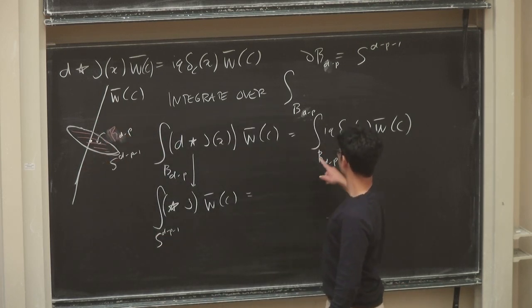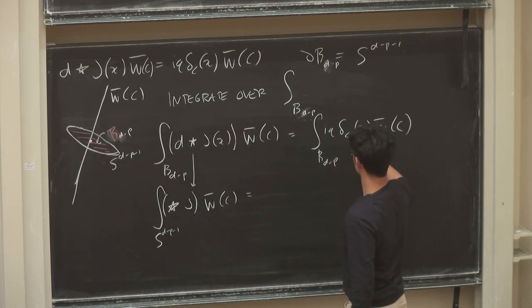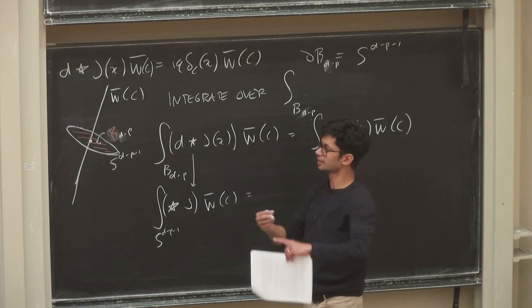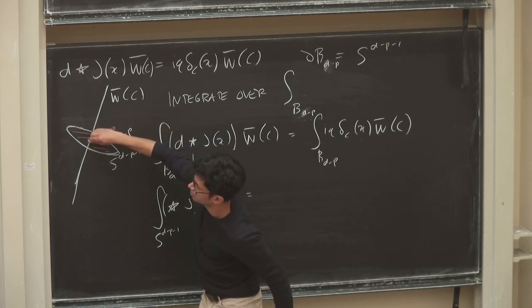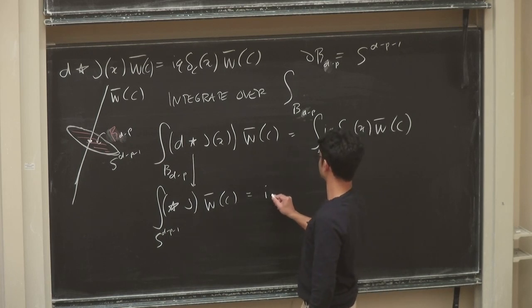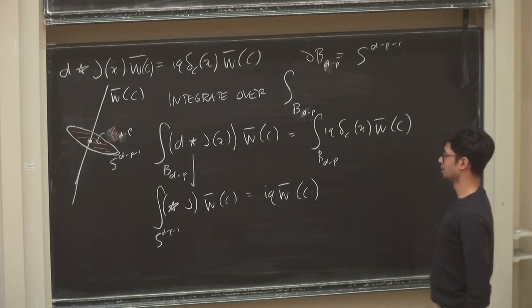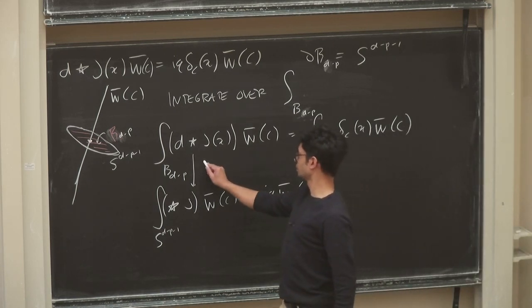And on the right-hand side, I look at the geometry. This delta function only gets a contribution when the two objects intersect, and they intersect exactly once, at that point right there. So I get, on the right-hand side, i q times W bar(C). So this is using Stokes.